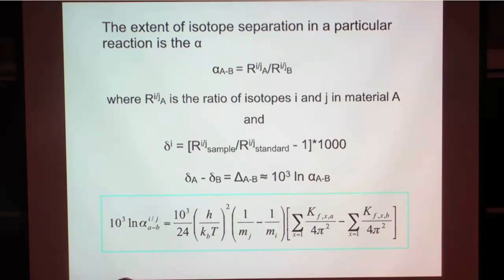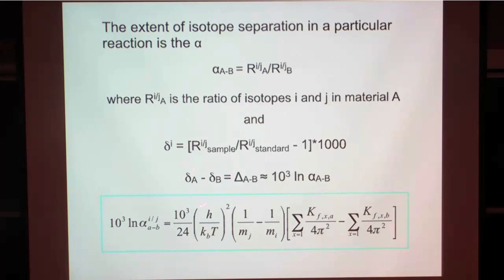If every lab has a different mass spectrometer with a slightly different fractionation, you'll never be able to know the true value of the ratios you're looking for. So we have international standards. We all run these international standards through the mass spectrometers and compare them to our samples, and therefore you can compare values from one lab to another.